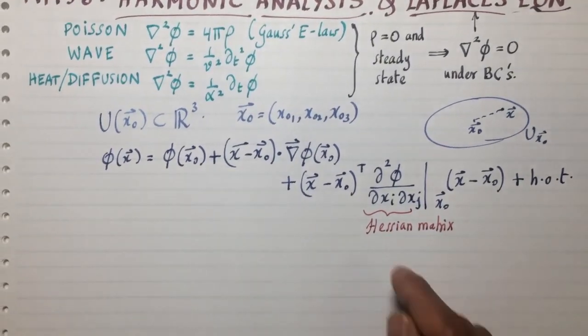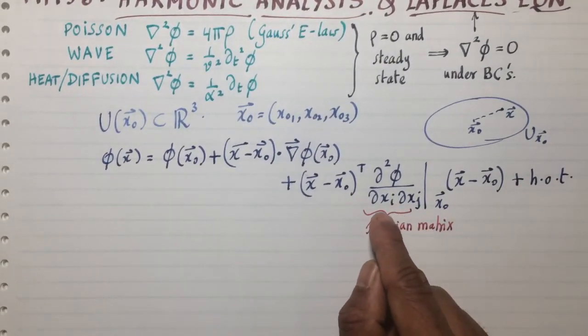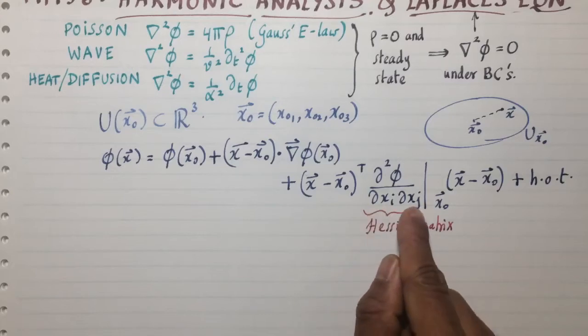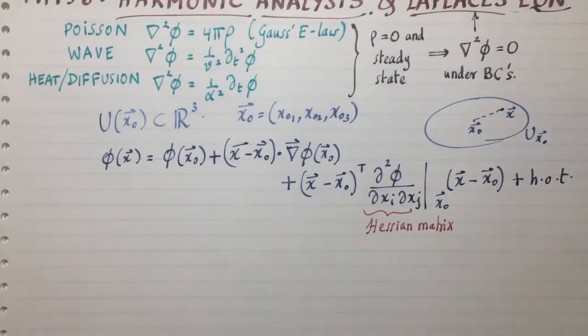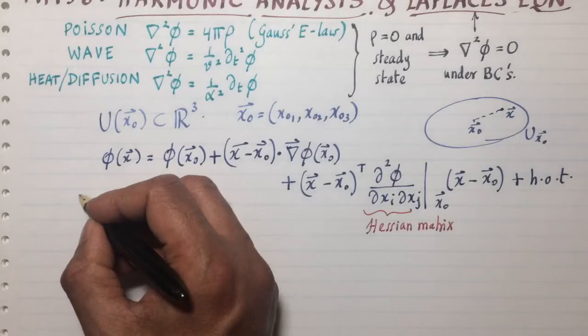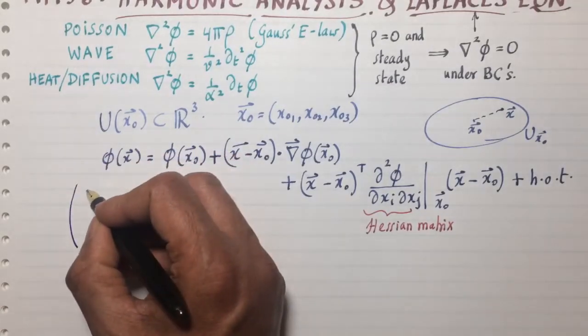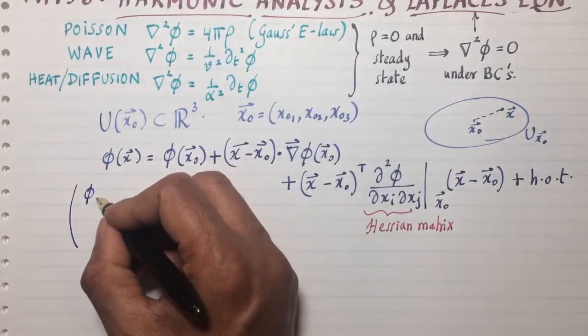For example, you can have del x1, del x2. So if I write out the Hessian matrix, it could look like this. And I'll use subscripts to denote the partial derivatives.